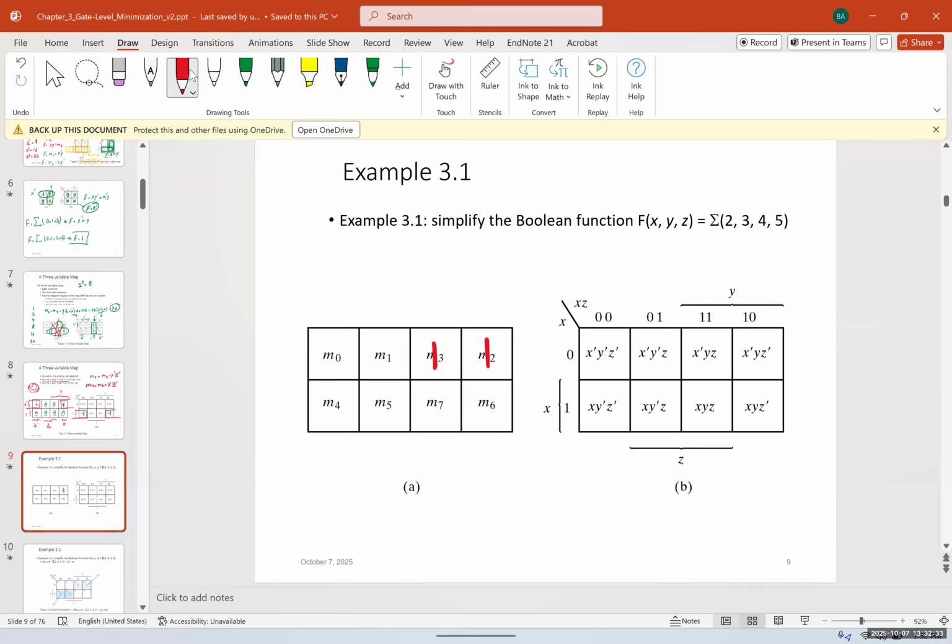And again, we don't care about the zeros in the min term. We only care about the ones. But when we want to solve the max terms, that's going to be a different story.